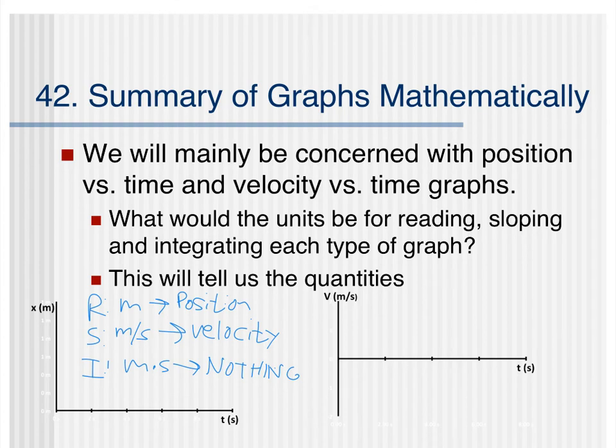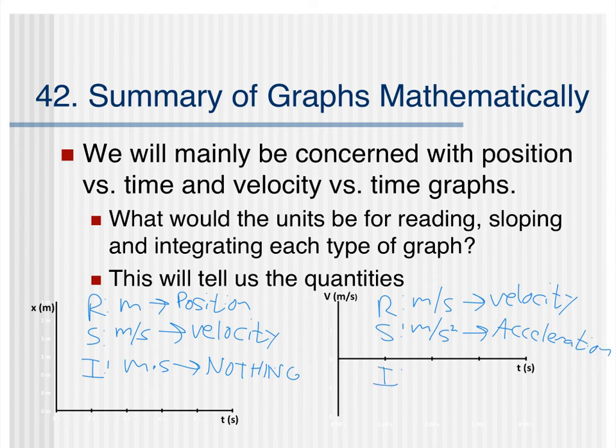Moving on to our velocity graph. If we read it, we get units of meters per second, which is velocity. If we slope it, we get units of meters per second squared, which, as we know from conceptual discussions before, represents our acceleration.